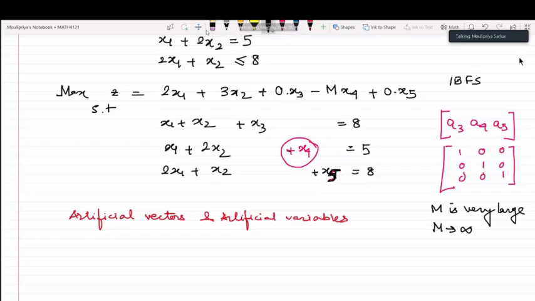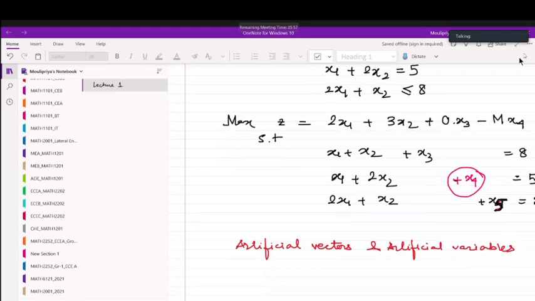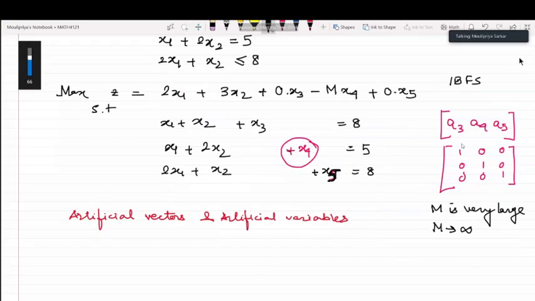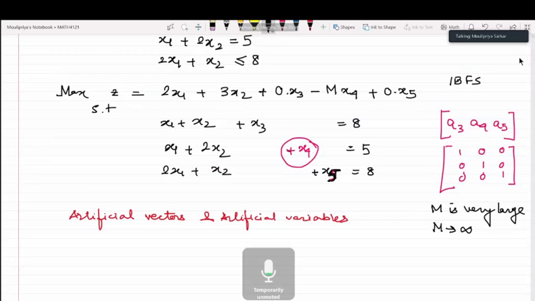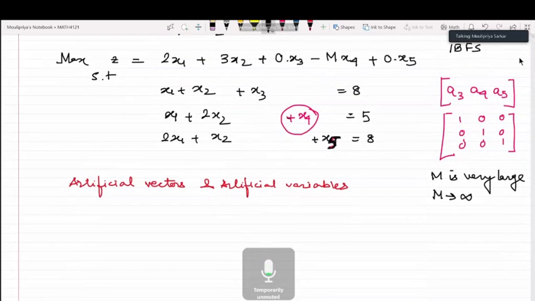Any doubt till now? So that at the earliest x4 leaves from the initial assumption that we are making.